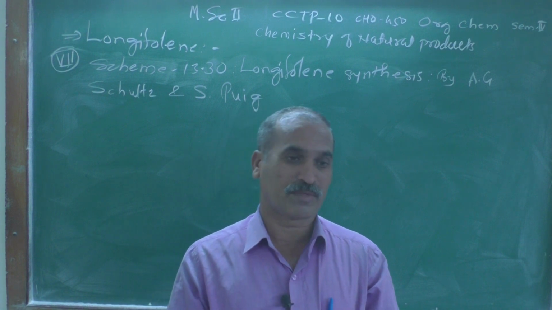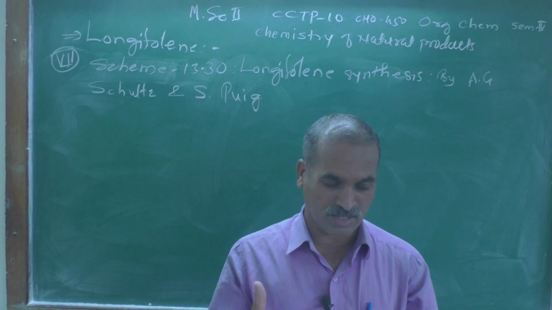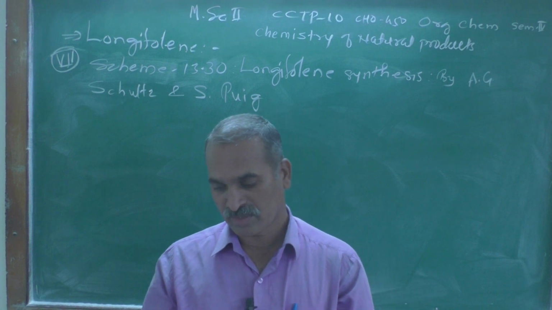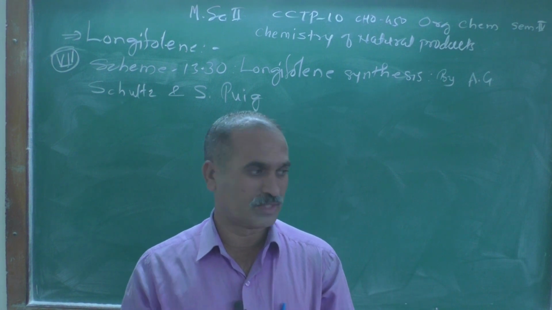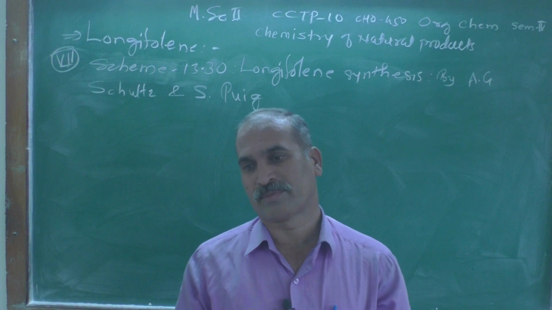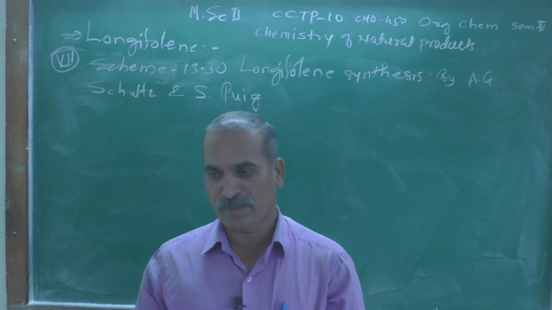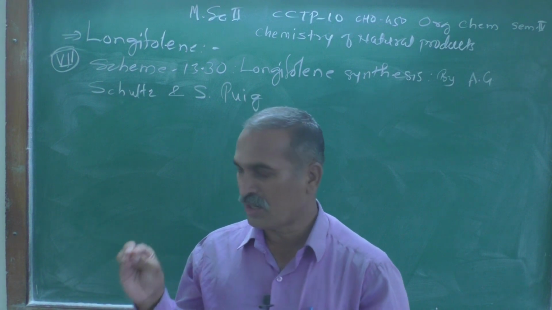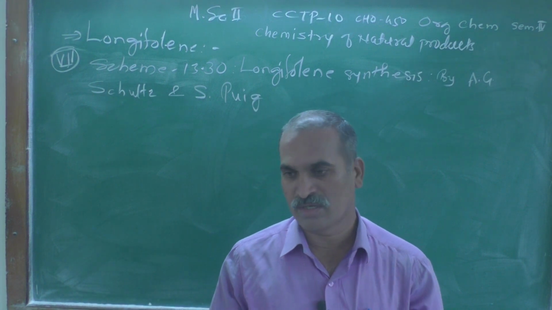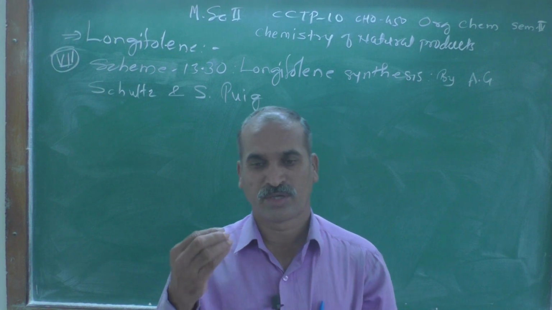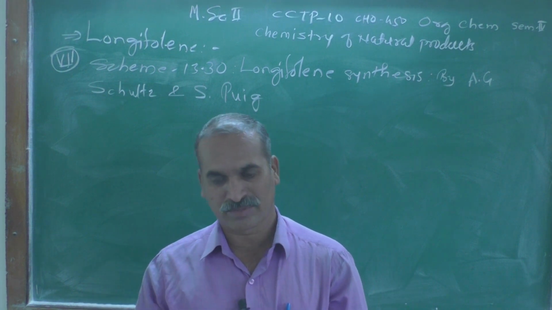So they are associated with that type of property, and that's why we are studying such natural products, which are naturally occurring. We can obtain those natural products from the various parts of the plants.